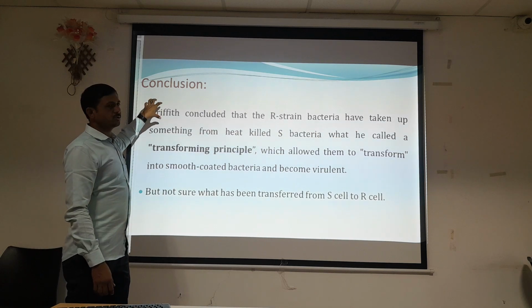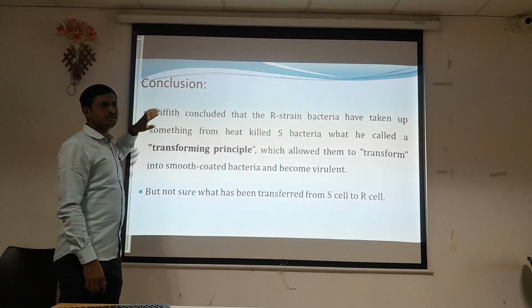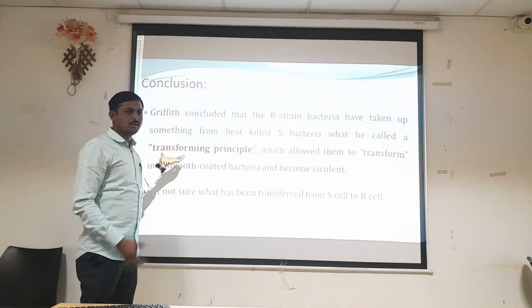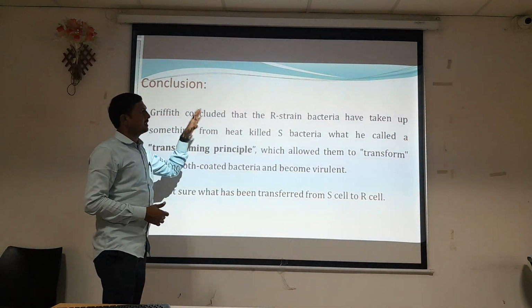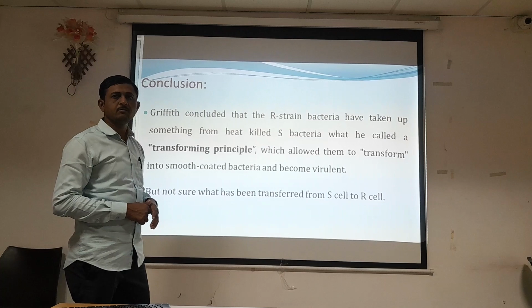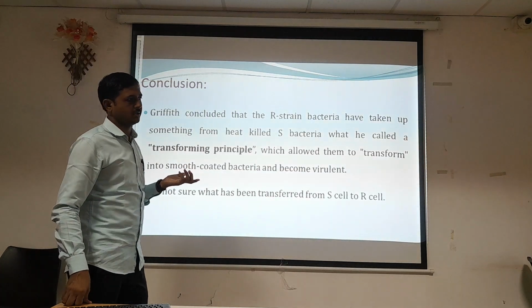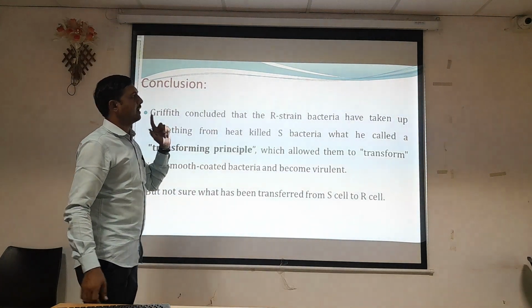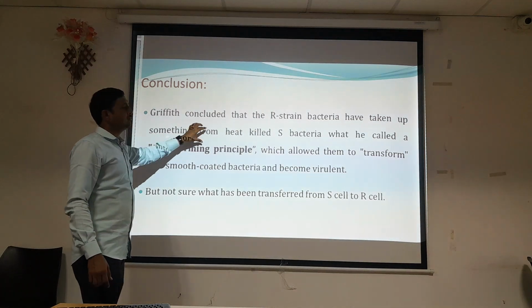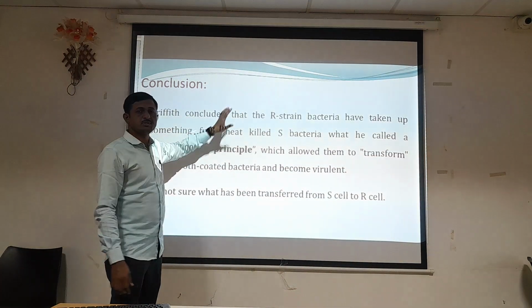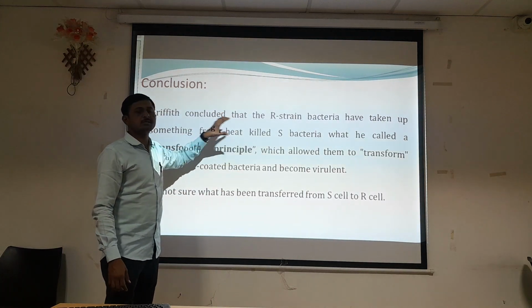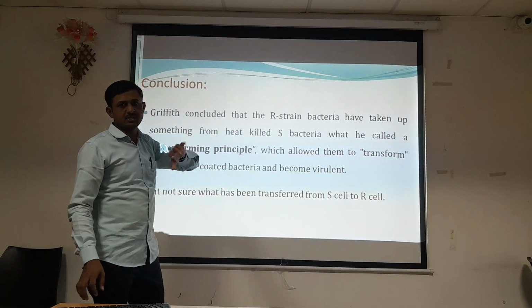Here, on the basis of the observations he made in his experiment, Griffith concluded that the R strain, that is the strain of Streptococcus pneumoniae bacteria, had taken up something from the heat-killed S type of cells. The R type of strain, which is not virulent, has taken something from the S type of cell, which is virulent.